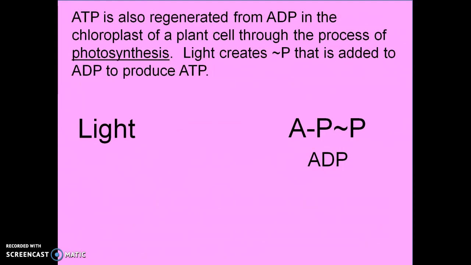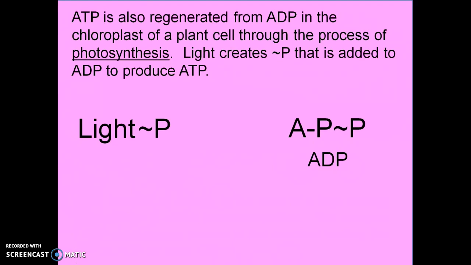ATP is also regenerated from ADP in a chloroplast, and this is one of the things that photosynthesis does. It's going to get us our ATP. So ATP is also regenerated from ADP in the chloroplast of a plant cell through the process of photosynthesis. Light, which you see here, which is our source, our X, if you will, is going to create high energy phosphates.